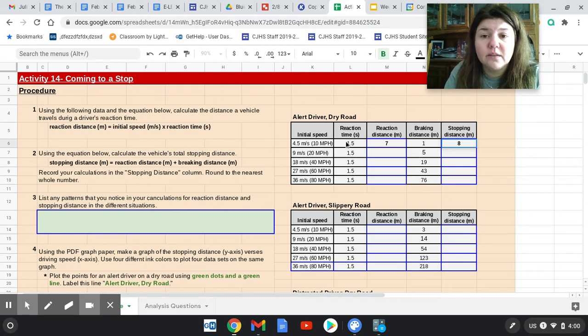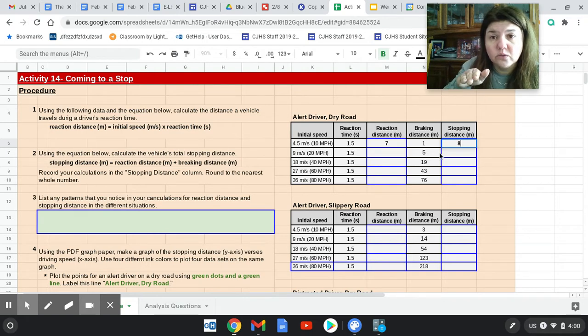That means in that time, I will travel 7 meters for me to react. So even with me slamming on my brakes after that 1.5 seconds, the car will still go a little bit because there's the braking distance, which is 1 meter. This is why I have to add the reaction distance plus the braking distance to get my complete total stopping distance, which is 8.